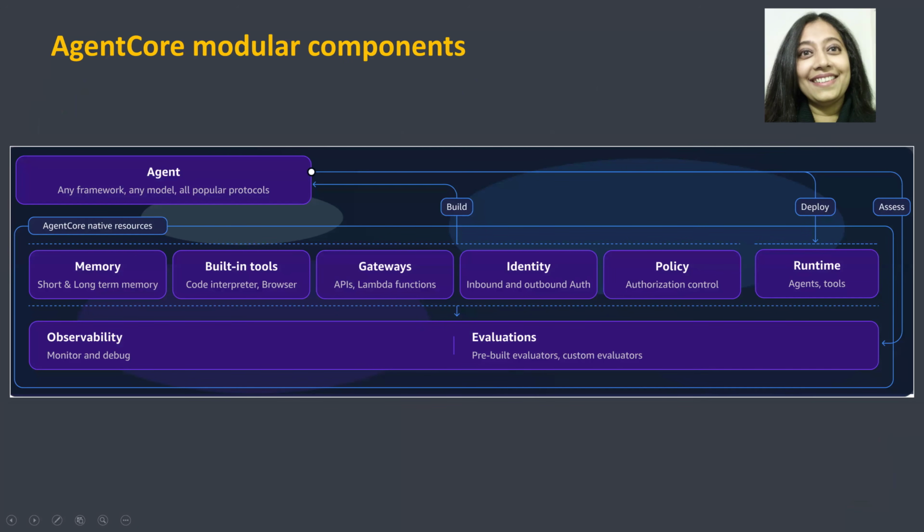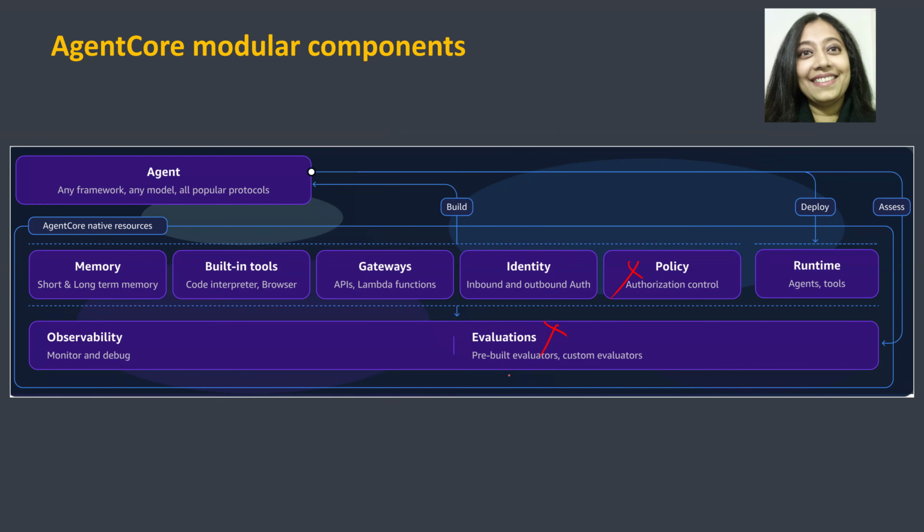These are the different modular components of AgentCore. During re:Invent 2025, policy and evaluations got added. The rest are the previous or standard ones that we had earlier as well.